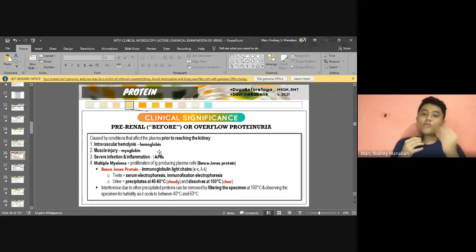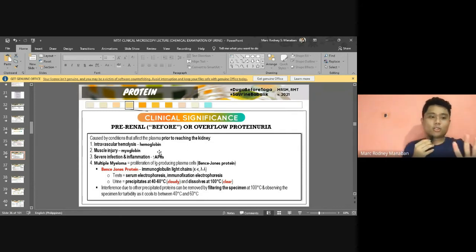Another name is overflow, all right? So when you say overflow or pre-renal, these are conditions in the body or in the plasma that contribute to increased proteins before reaching the kidneys. And usually these diseases are those related to infection or inflammation and even intravascular hemolysis, because in these disease states they produce increased amounts of protein.